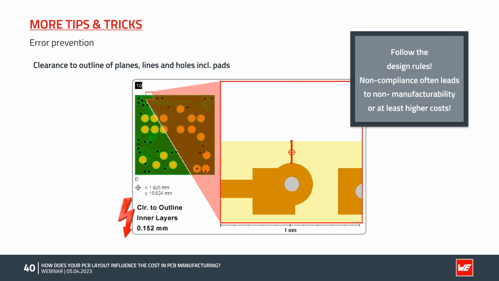If you go beyond the design rules, it often means we have to slow down processes, and it might be okay when you talk to us that the board still works, but sometimes it can come to the point that the board is non-manufacturable, so that we have to decline it. So please try to follow the design rules. If not, talk to us, but then please keep in mind it will lead to higher cost if you need it for your application.